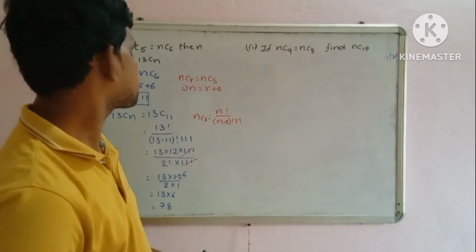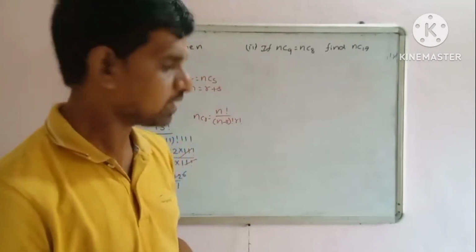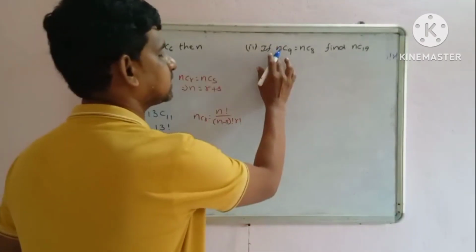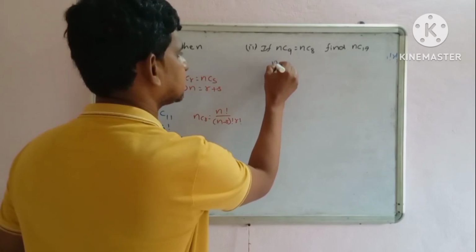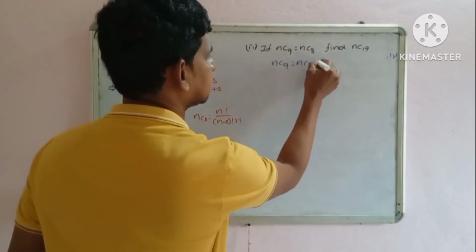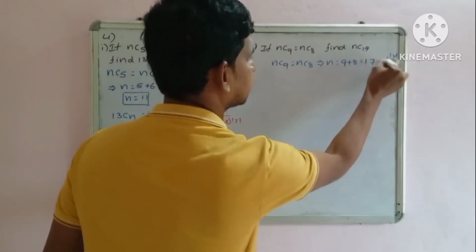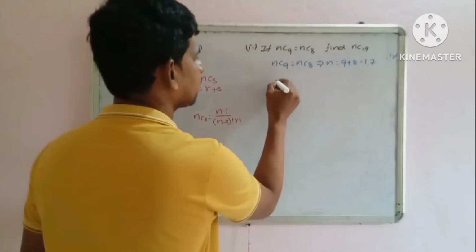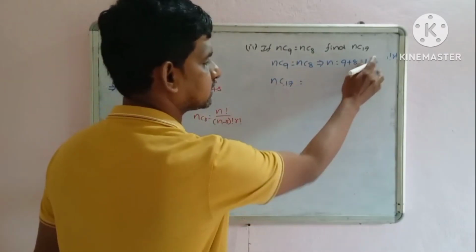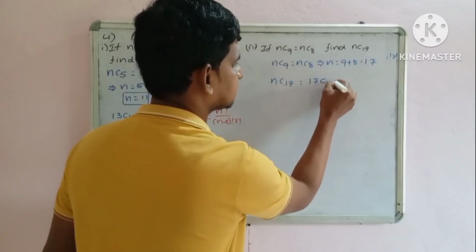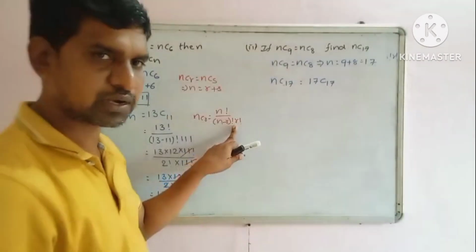Second one, same concept. NC9 equals NC8. Find NC17. This is the form NCr equals NCs. NC9 equals NC8, then n equals 9 plus 8. 9 plus 8 is 17. So now we will find 17C17, where the n value is 17. The NCr formula is n factorial by n minus r factorial into r factorial.